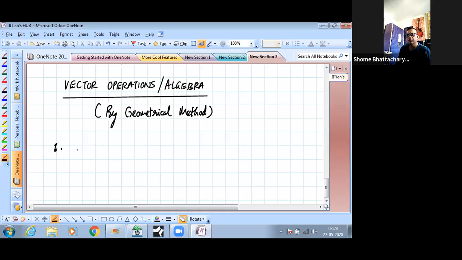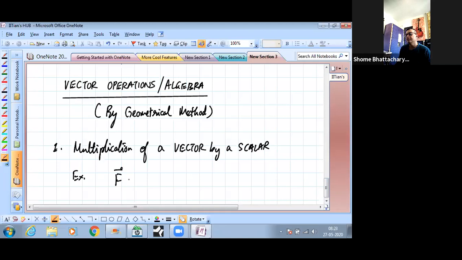We'll explain that, we'll come back to that question. The first operation we will learn is multiplication of a vector by a scalar. For example, we have one of the most famous equations in physics: net force acting on a particle is mass into acceleration.